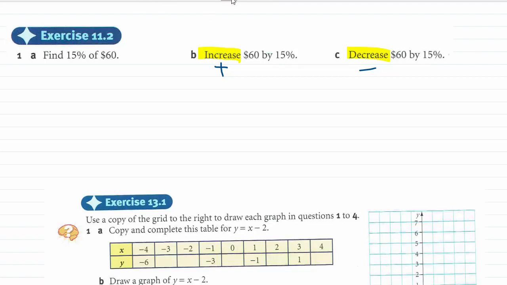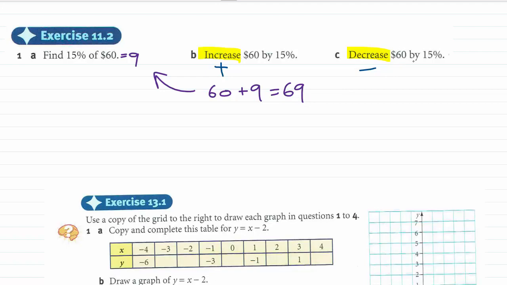Now, part A just says find 15% of 60. 15% of 60 is equal to 9. Then the question says increase $60 by 15%. So it means we need to add the total to the result of the percentage, which is 69.